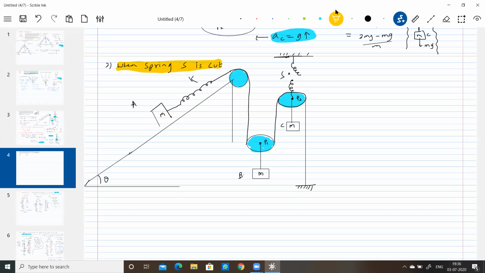The spring force kx2 that was acting here, no? So the spring force kx2 vanishes. So here I'll write, no spring force.